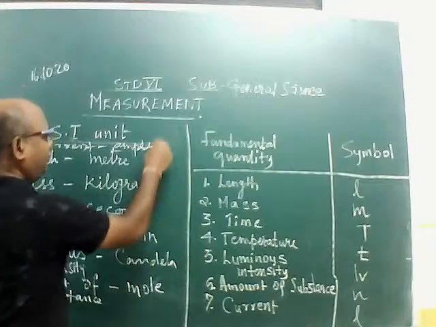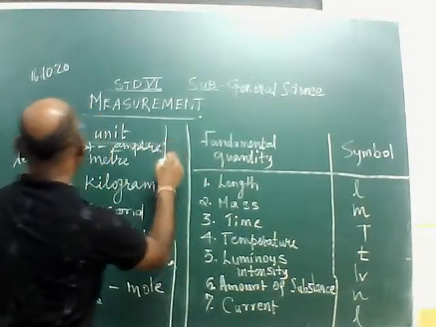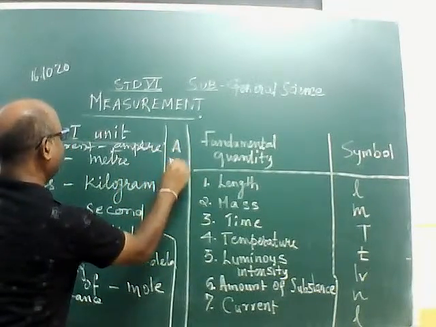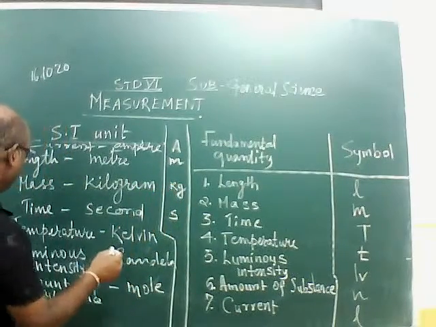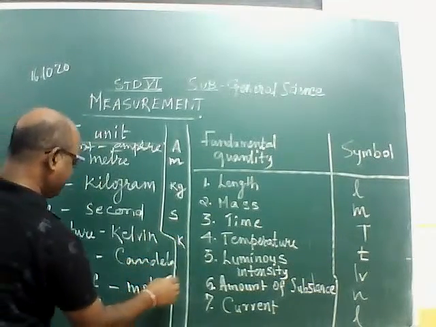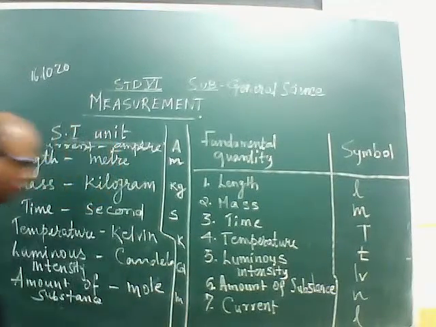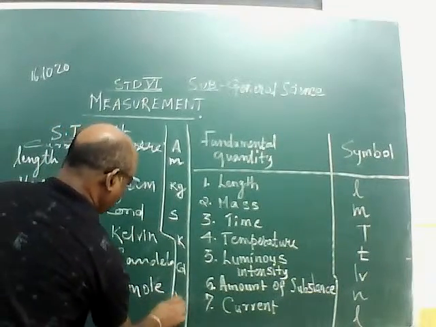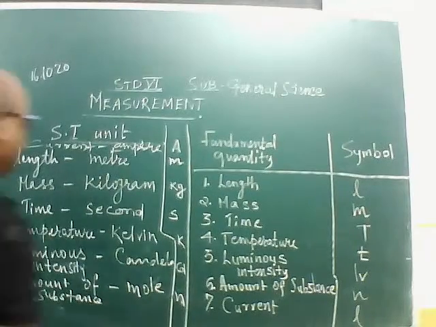So what are their symbols? For current A, for length meter m, for mass kg, for time second s, for temperature Kelvin K, for luminous intensity candela cd, for amount of substance mole mol.